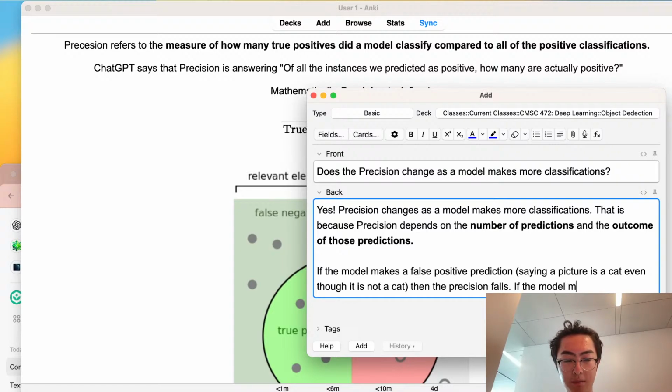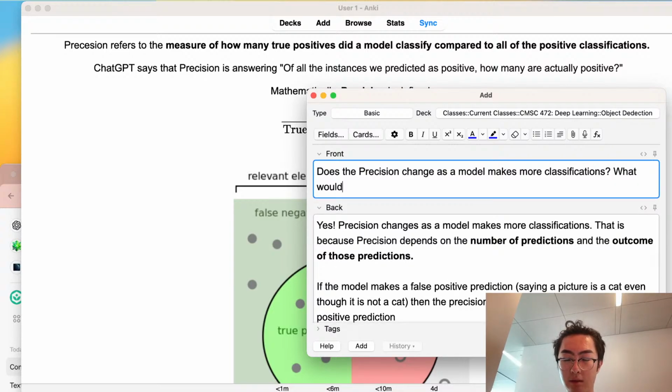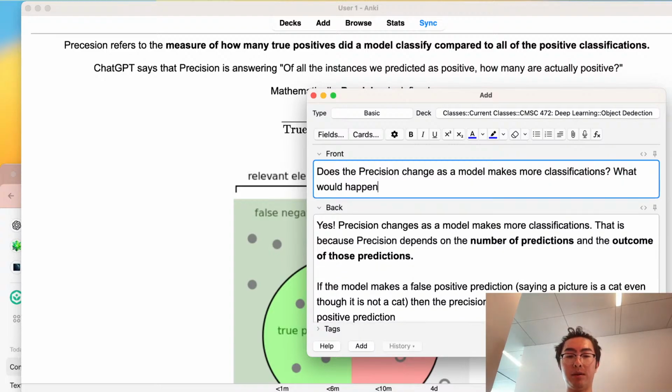If the model makes a true positive prediction, what would happen to the precision, depending on the different types of predictions?